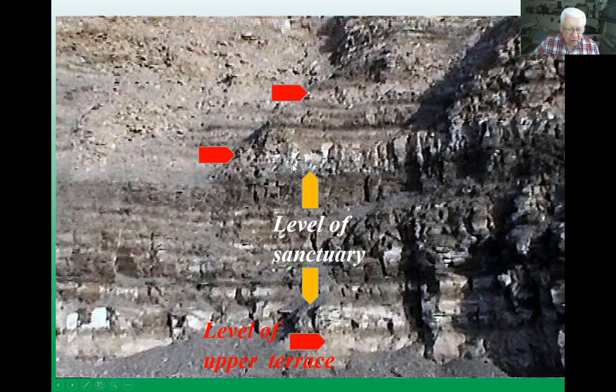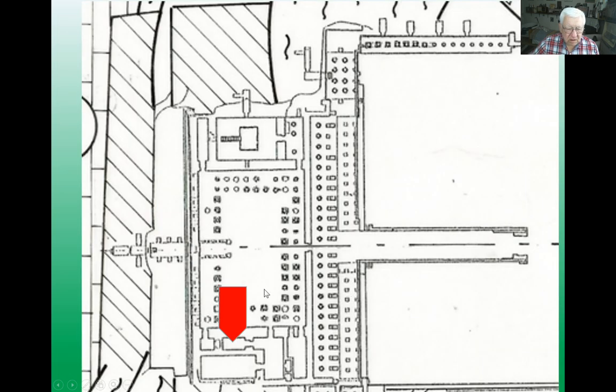This is the most upper part of Esna shales, and this is more or less placed in profile where the sanctuary was dug, present at the upper part of the Temple of Hatshepsut. This is only a location on the profile, but the exact place was there. This is the sanctuary, and it was dug in the upper part of Esna shales.